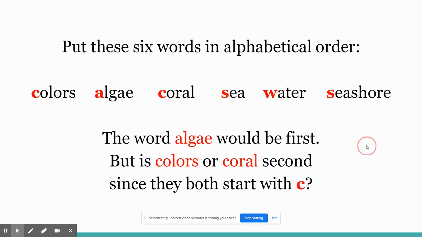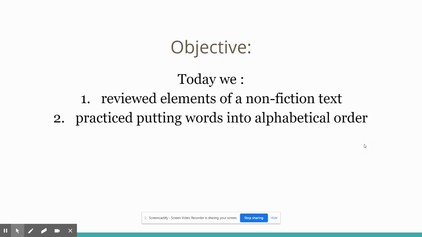Remember, you're going to have some words to cut out and put into alphabetical order today in your assignment. Work carefully on it. All right. So, scholars, today we reviewed elements of a nonfiction text and we practiced putting words into alphabetical order. We also got a little bit of information about coral reefs today, that there are two main types, right?